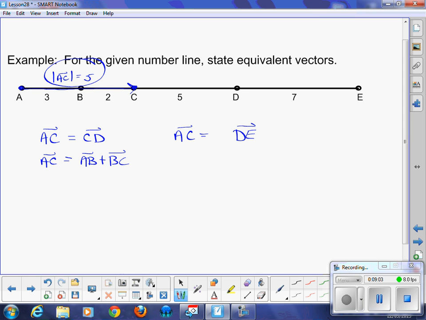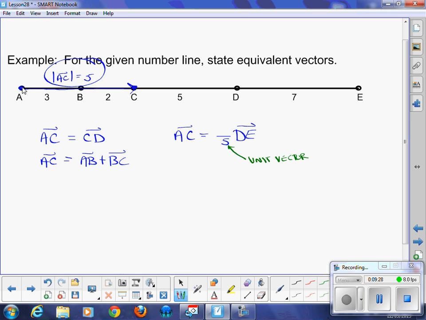I need to get rid of those 5 units and get it back to a unit vector. So I'm going to take the AC and divide it by 5. Dividing by 5 gets me to a unit vector, so now I have the right direction, but my magnitude would be 1.